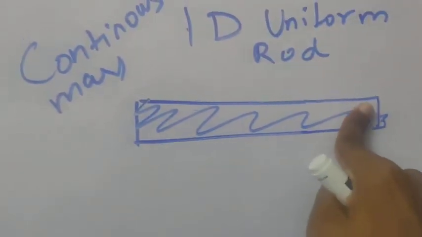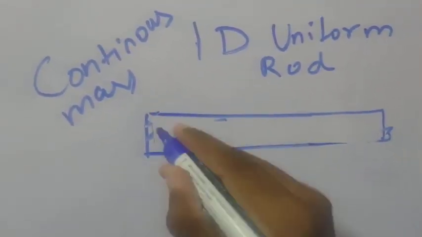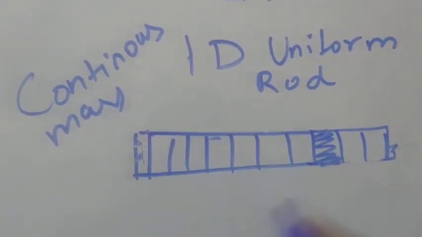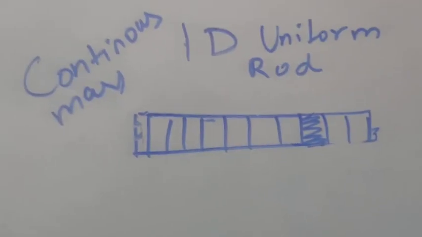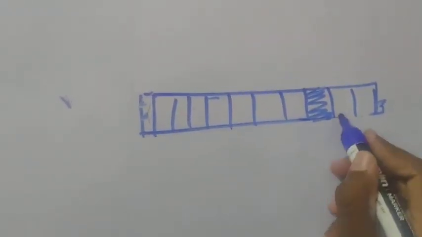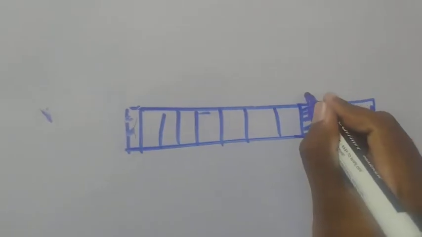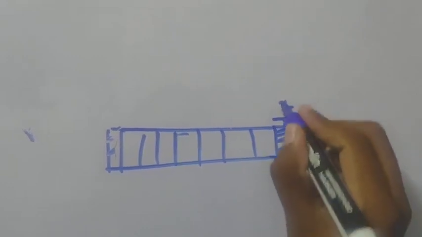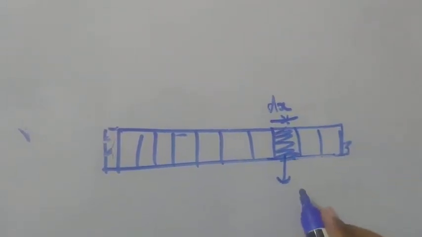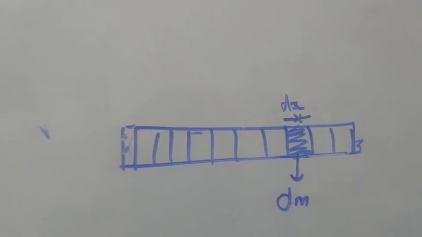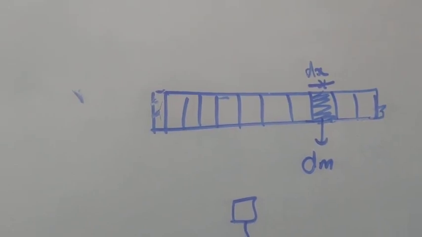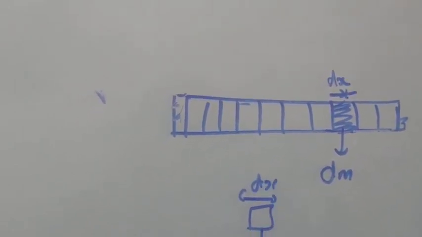So we take a small dm mass of width x, let's call it dx, with mass dm. So this is mass dm and length dx.